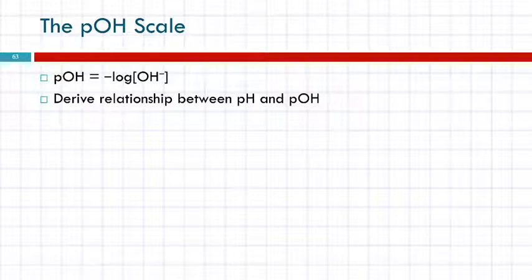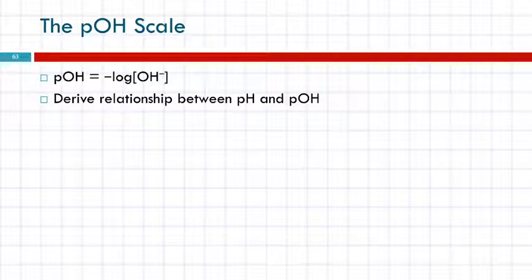So we have a pH scale. There's also a pOH scale. That lowercase p just means negative log of. So pOH is the negative log of the hydroxide ion concentration. It's the same formula, but instead of H here and H plus or hydronium here, it's OH and OH minus.